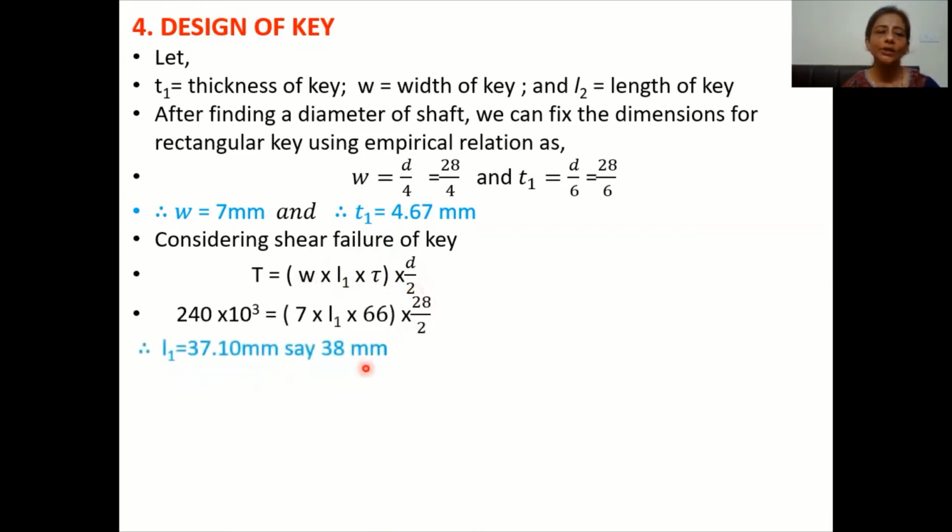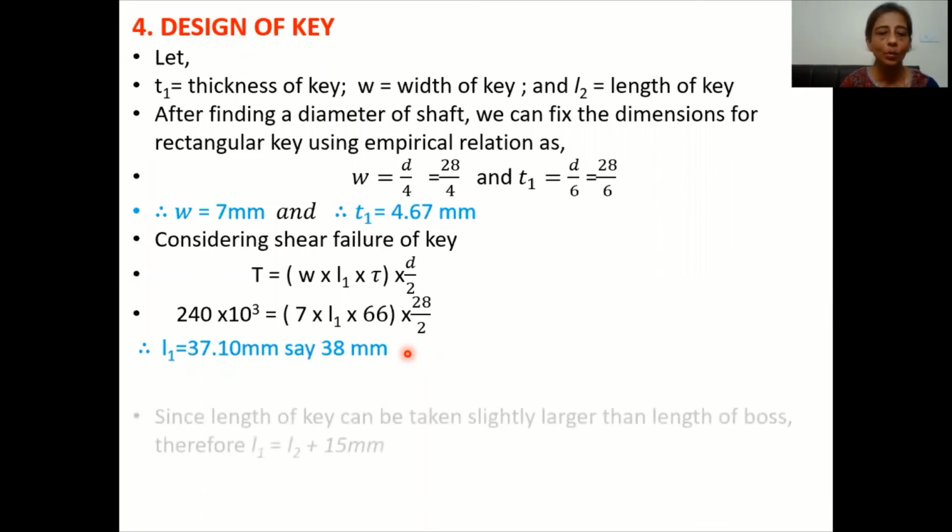Using this equation, we will be able to find the length of key, which we will get as 37.10 mm, say 38 mm. As we have seen in the sketch that length of the key should be slightly more than the length of the boss because of easy insertion and removal.